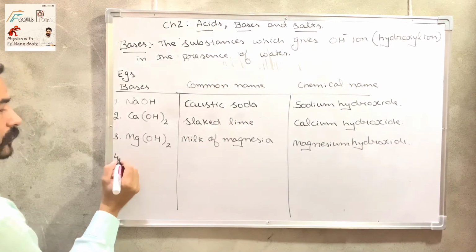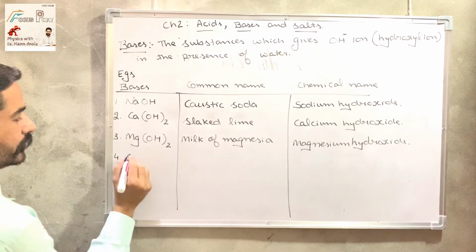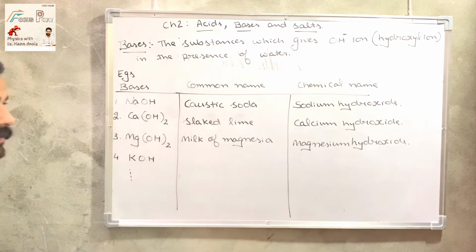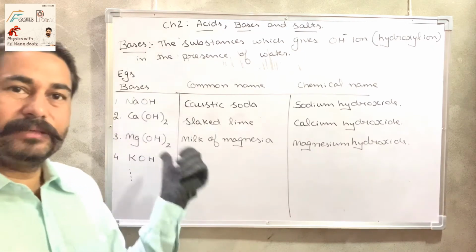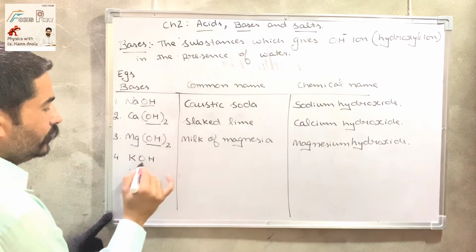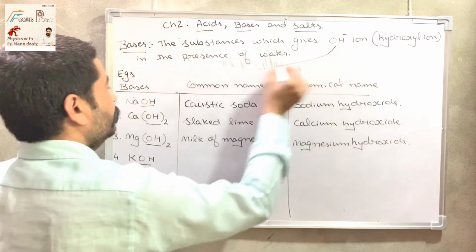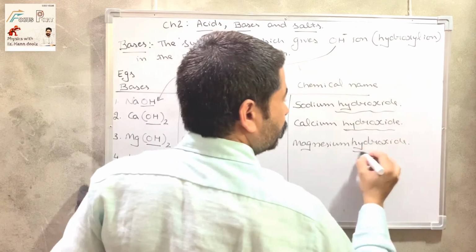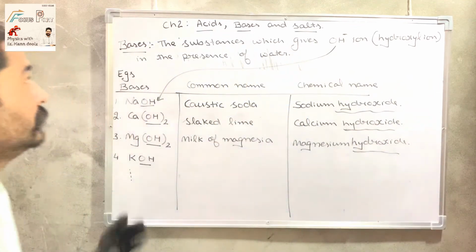Some more examples you can count in the same way. KOH can be there. There can be other examples also. So from the examples you can come to know every substance contains hydroxide. So these are the examples of bases.